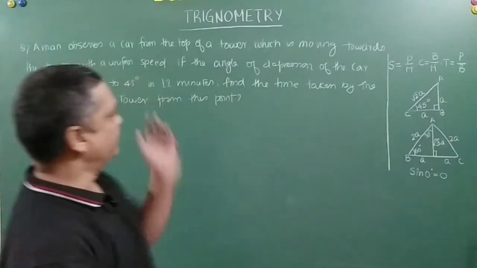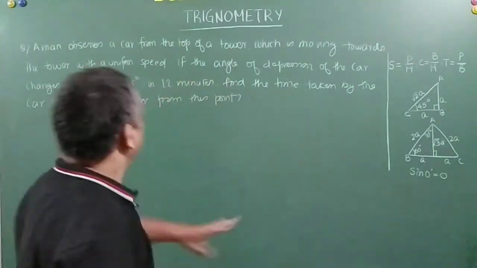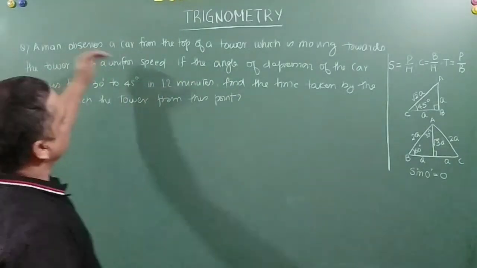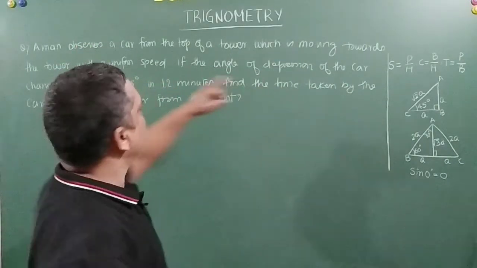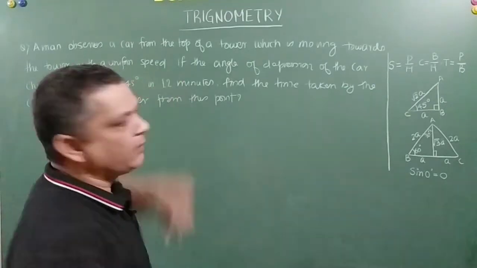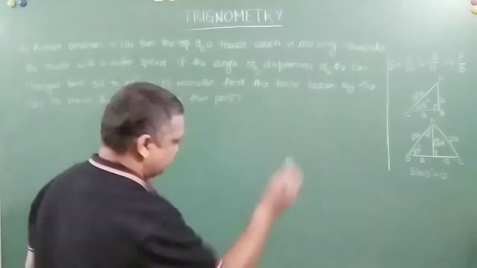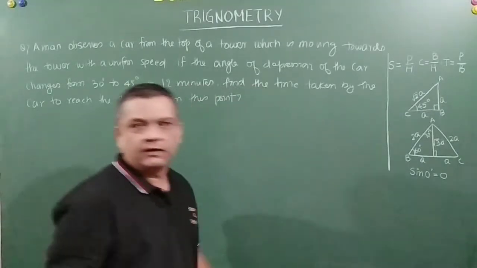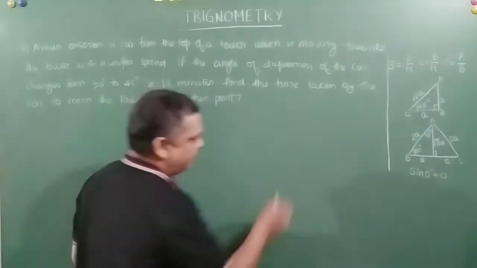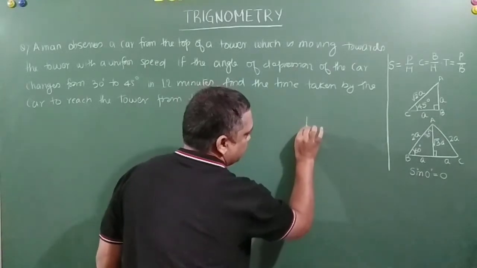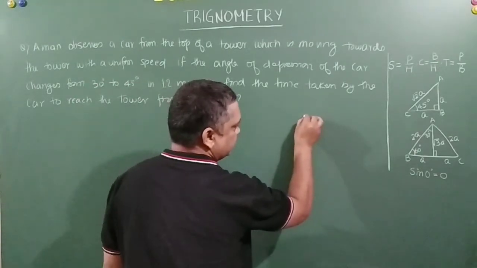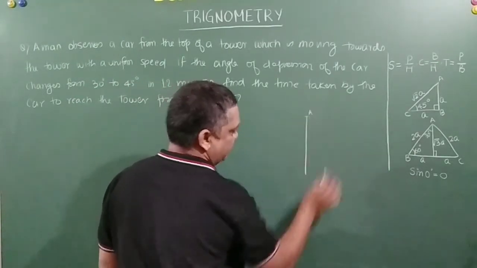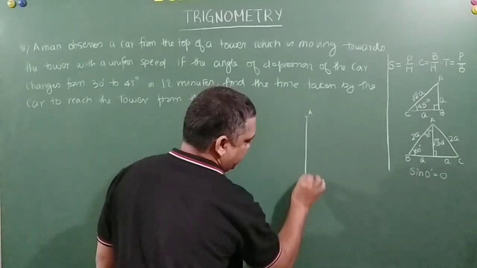Right friends, so I have taken down the problem here. The problem says that a man observes a car from the top of a tower, which is moving towards the tower with a uniform speed. Let's try and make the diagram for it. Let's say this is the tower, the man is here at point A, and this is point B, ground.